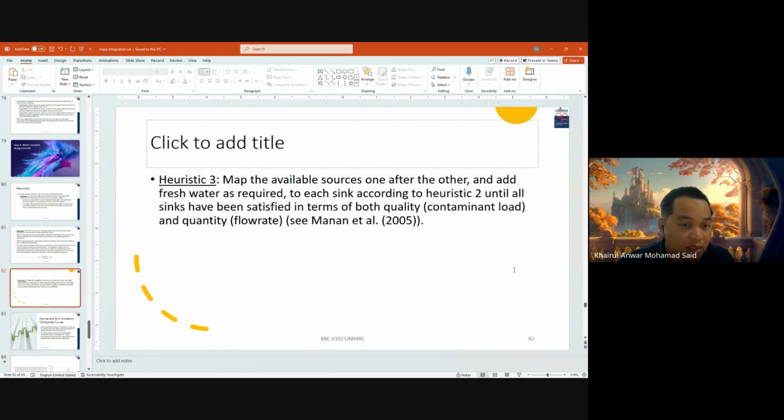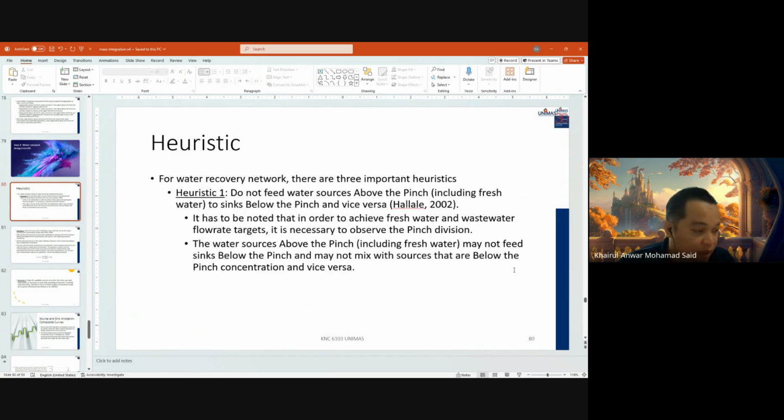So heuristic one is, now we build the network in step 4 to achieve the target we just calculated in step 3. We must follow these three golden heuristics.